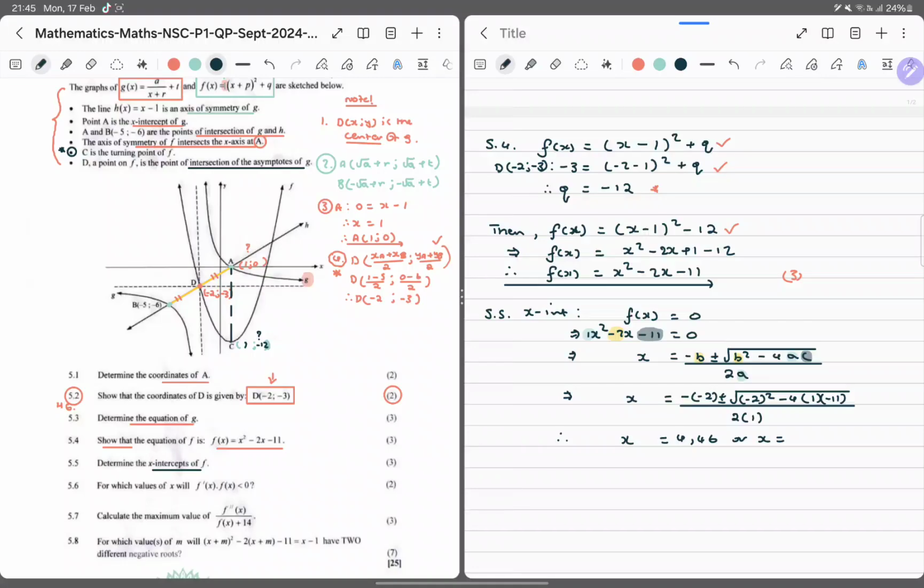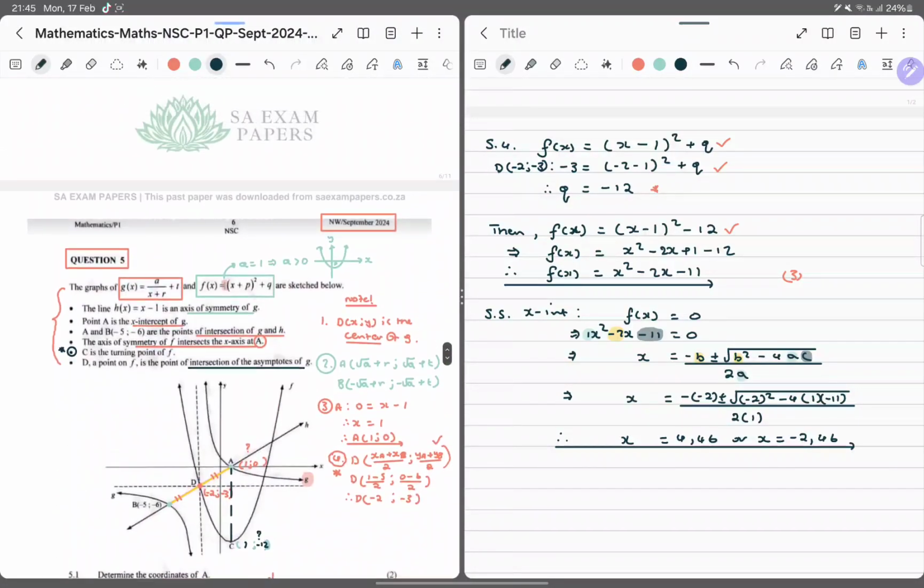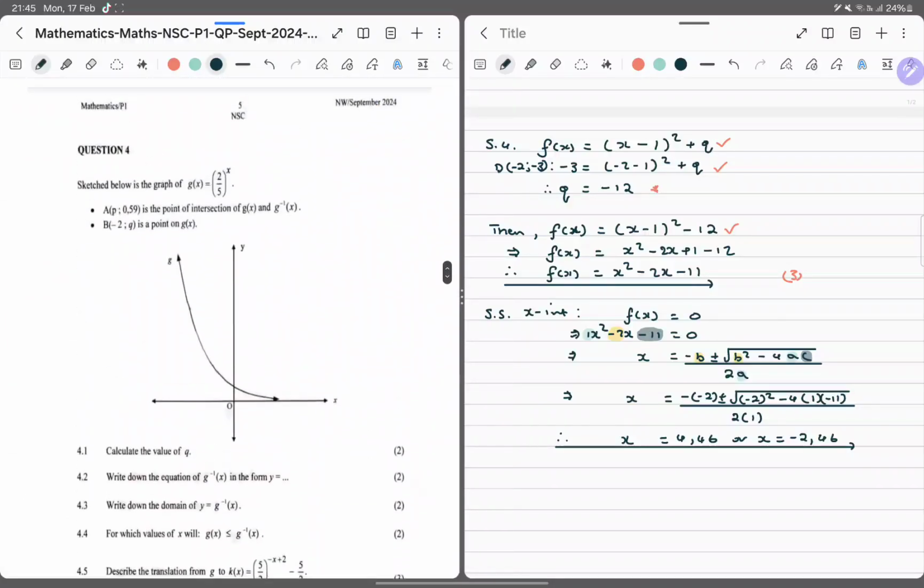The nice thing about these calculators, you don't have to redo the whole thing. You just change the sign where it's necessary and you get the next solution. So we get minus 2,46.